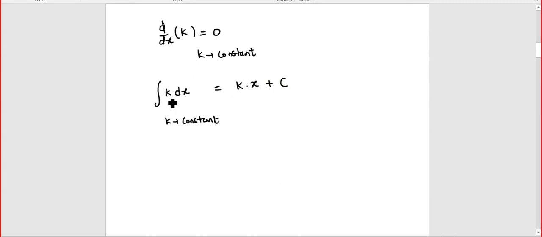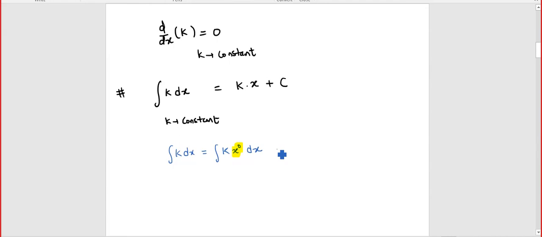How does this rule come? To understand this, it is integration of k dx. Can I write k as constant times x to the power 0, dx? Can I add this term? Because any number to the power 0 is 1.